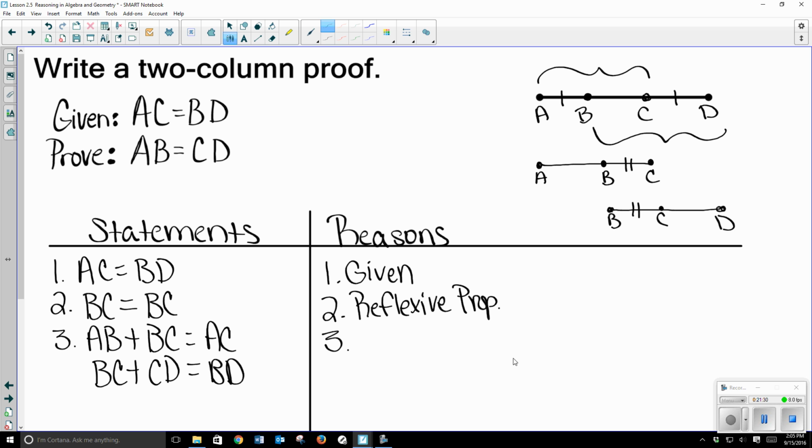Since they're both using the same property, because they're both the same thing, I can put the two things together in one statement. What property or postulate allows me to say that AB plus BC equals AC and BC plus CD equals BD? You'll have to turn to page, I think, 902 for that one. What am I doing to my segments?